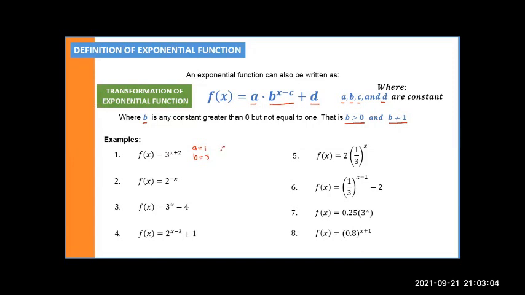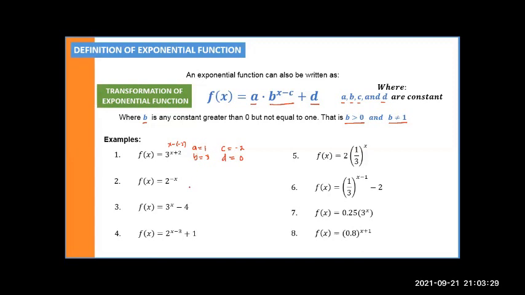And then, ang c is equal to negative 2. Kasi positive 2 ito. So, ibig sabihin yan, x minus negative 2. Ito yung letter C natin, negative 2. And then ang D natin is 0 kasi wala naman tayong nakitang plus another number sa kanan.